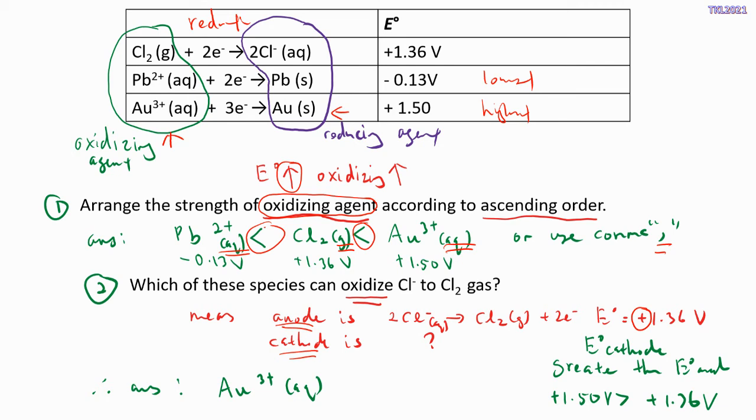So what is your cathode? Your cathode must have a greater value than the anode. Among the three values, positive 1.50 is the largest. Negative 1.3 cannot oxidize. So the answer would be beryllium 3+.